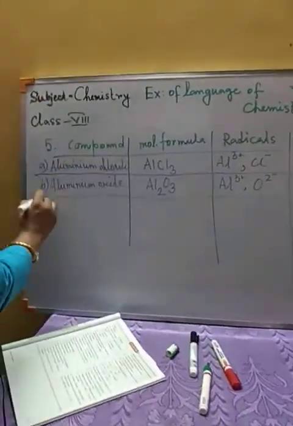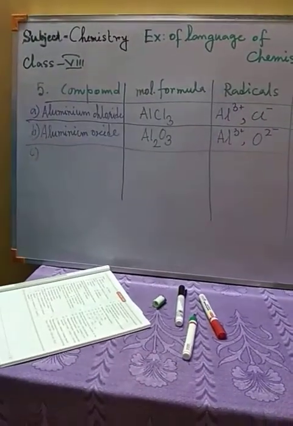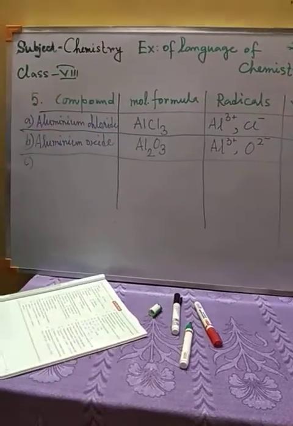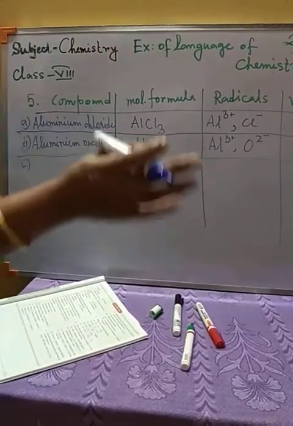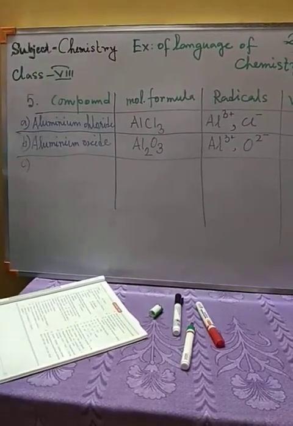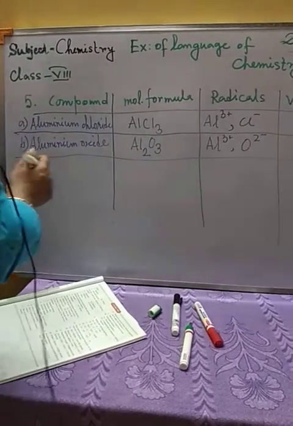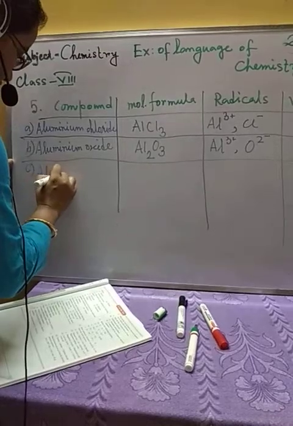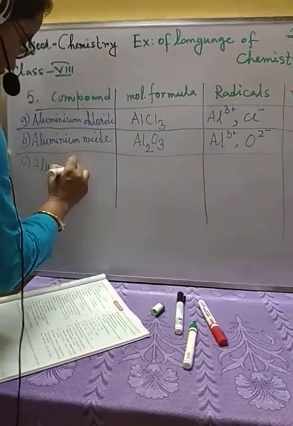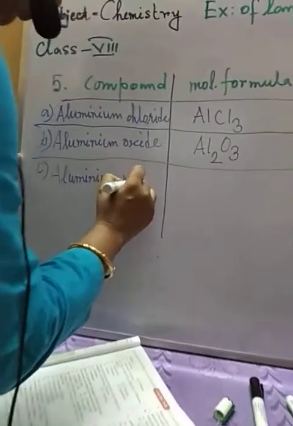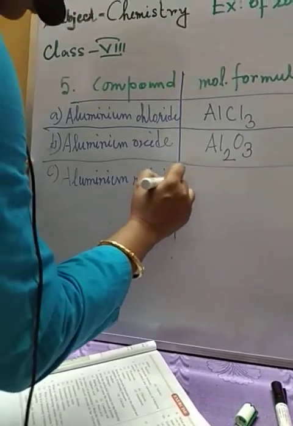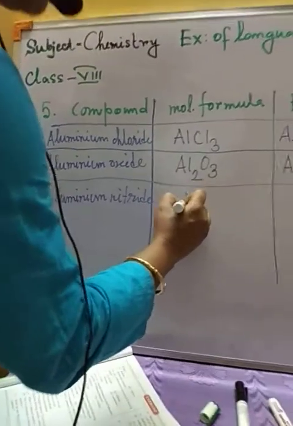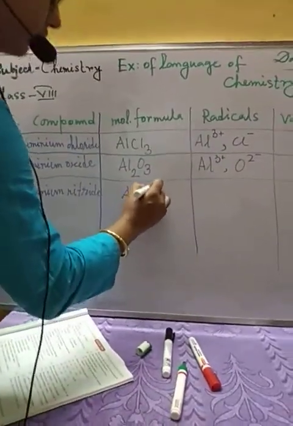Okay, next number C, that is aluminium nitride. This is not nitrite, it is nitride. Aluminium nitride is AlN.